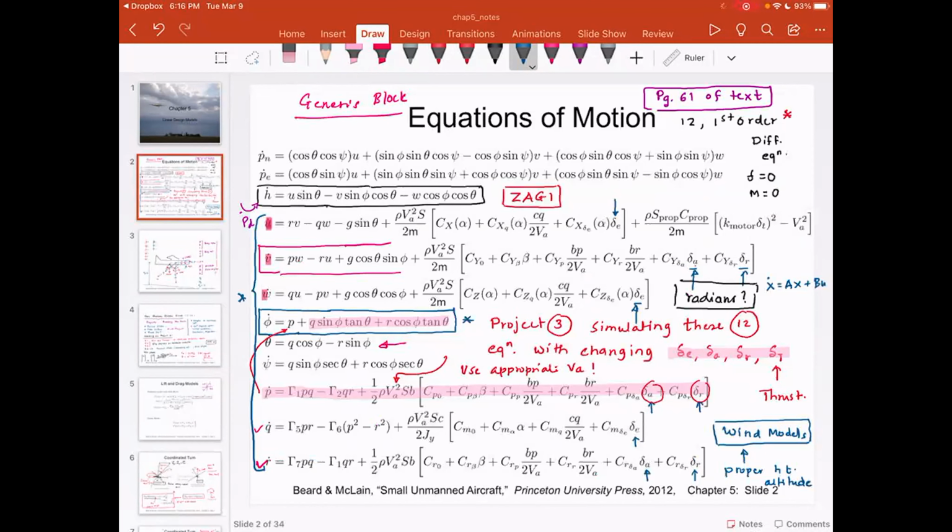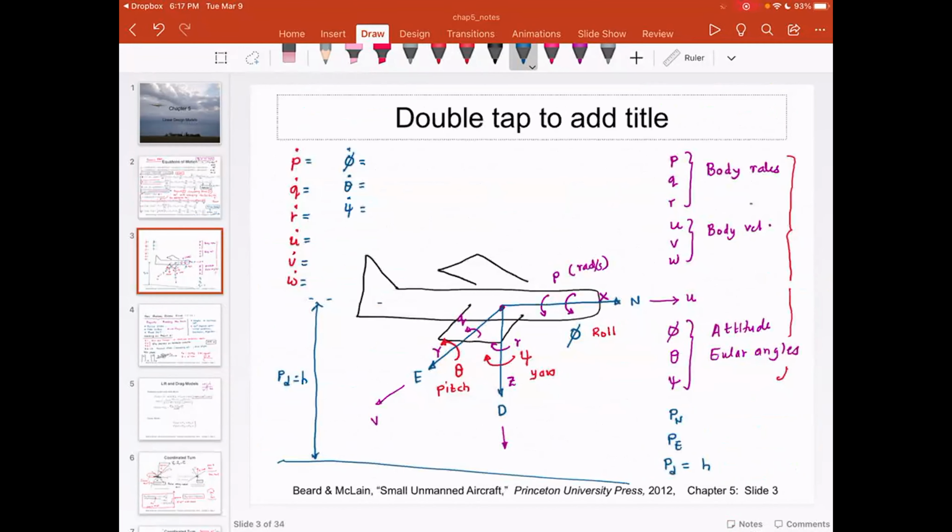And these are the key equations for trimming. So when we are going to trim, we are going to use these equations. Now, here is the classic objective. And again, let me emphasize, trimming means steady state.